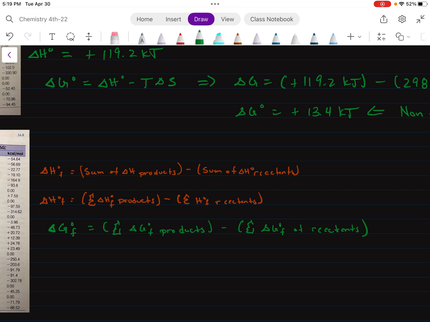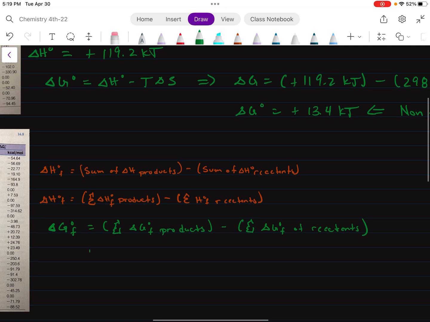Here's the problem. We have a reaction that is C2H5OH, which is ethyl alcohol, a pure liquid, plus 3 moles of O2, and that's going to produce 2 moles of CO2 plus 3 H2O.